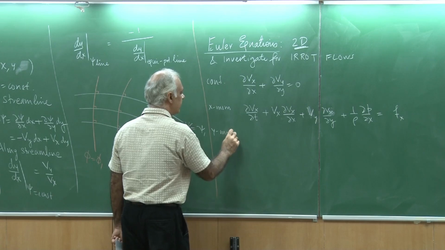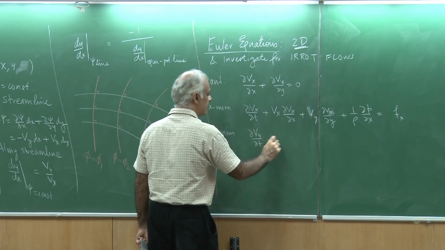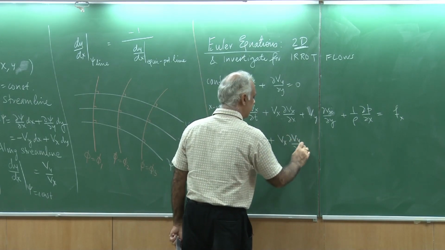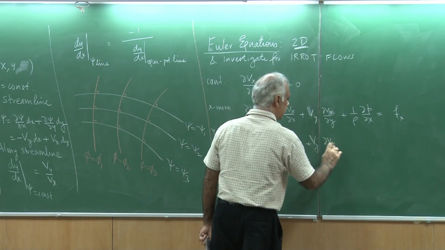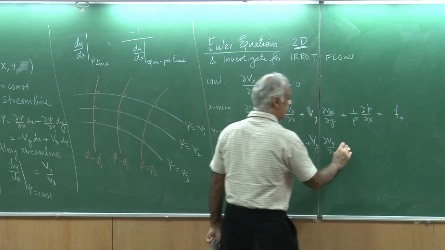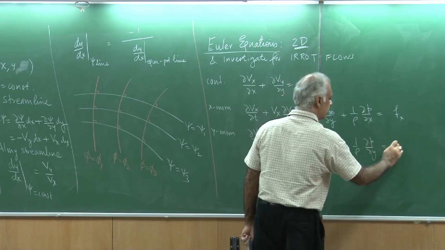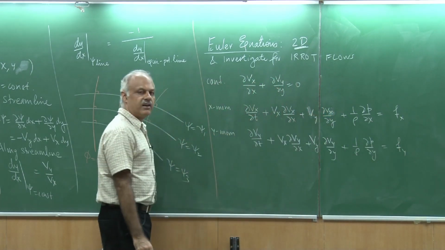The y momentum equation looks very similar. So, del Vy by del t plus Vx del Vy by del x plus Vy del Vy by del y, and now I have the pressure gradient in the y direction, and this is the body force in the y direction.